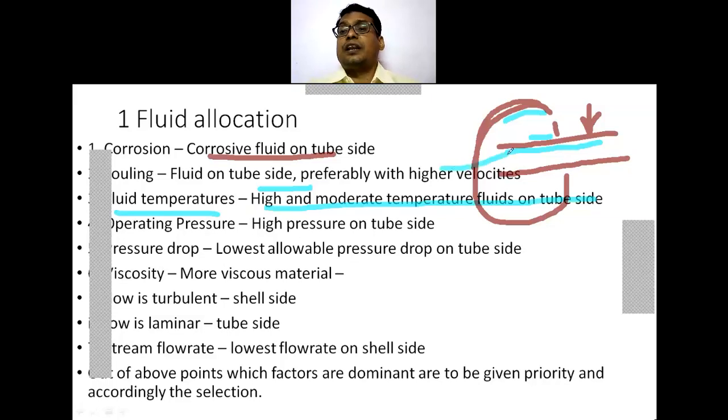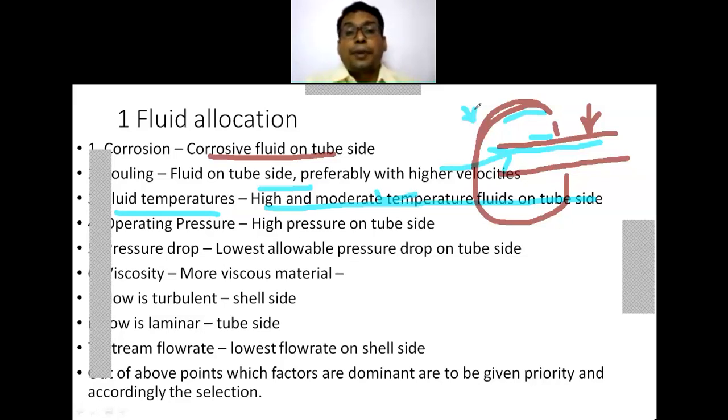It is a general consideration, not necessary, it can vary, but generally the higher and moderate temperatures are on the tube side, because if someone unnecessarily touches the outer surface of the shell, it will not burn human beings, and that is why the hot fluids are preferred inside the tubes.